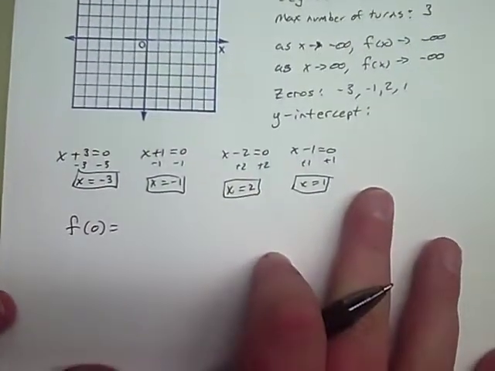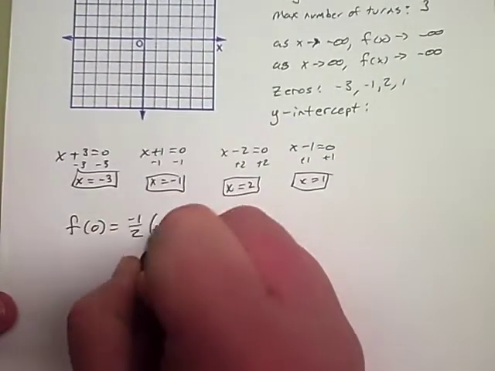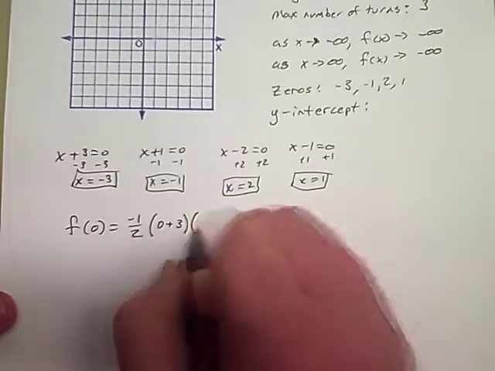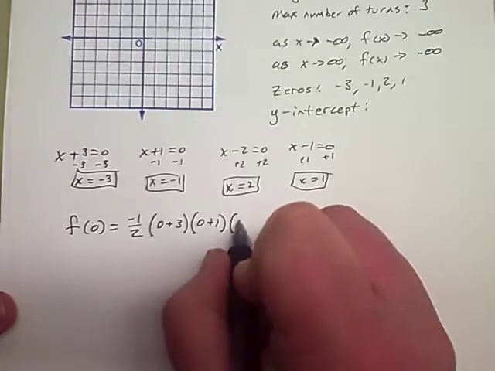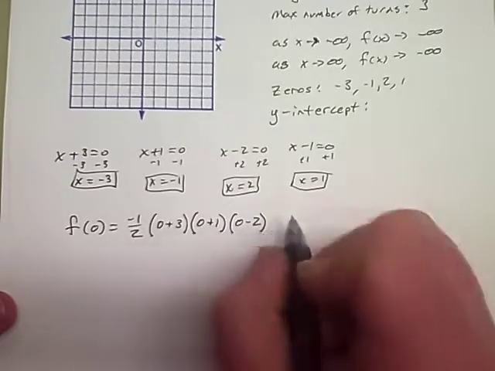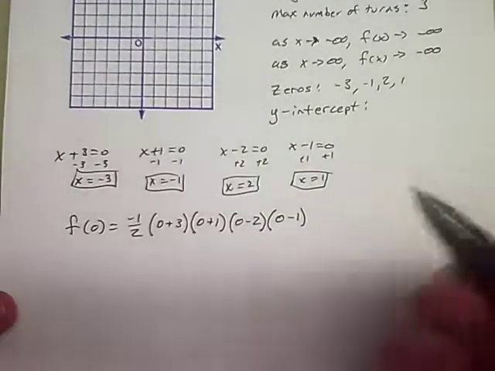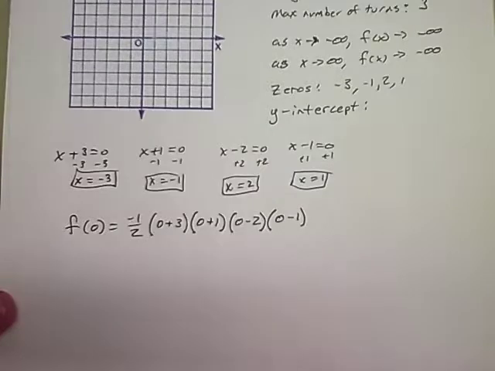So here we go. We got negative 1/2 times 0 plus 3 times 0 plus 1 times 0 minus 2 times 0 minus 1. And now I want to simplify this. I want to make this a little bit more clear.